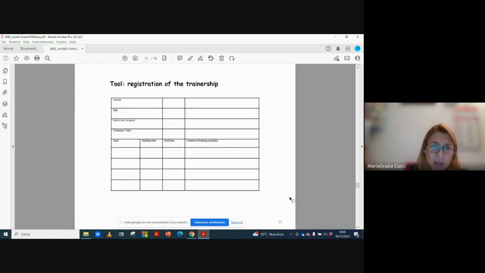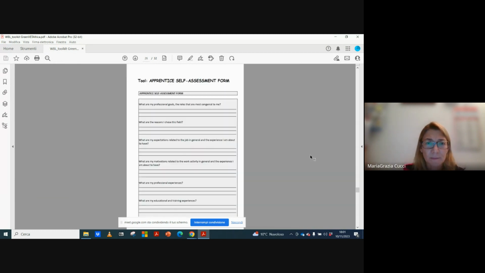You can choose. Do not use the registration. It is not useful. You only know that it is present inside, but in this simulation, it is not useful. You can only put that it is something to do. Activities of the company tutor, registration of the traineeship. And that's all.